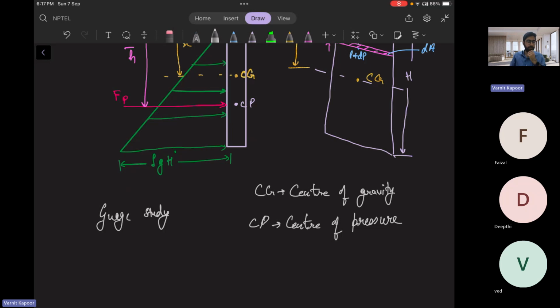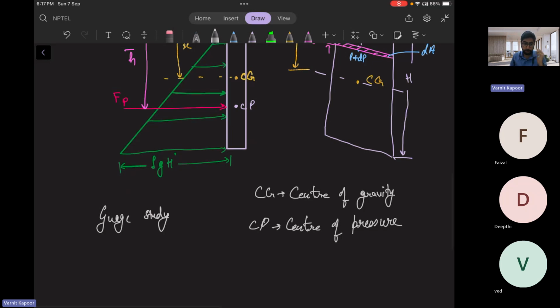Now there will be a total hydrostatic force, Fp, which you need to find out.